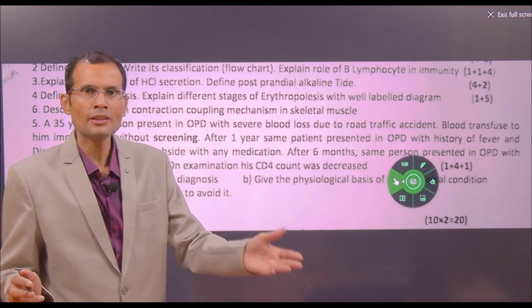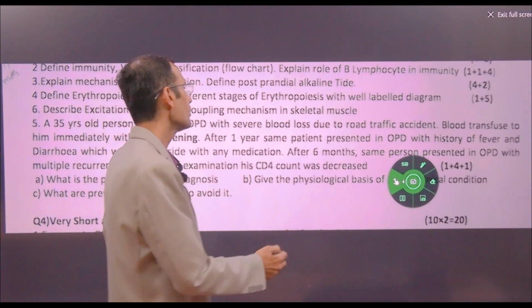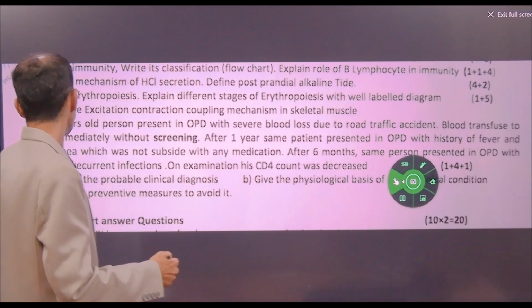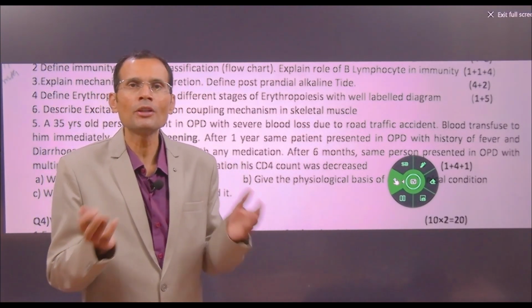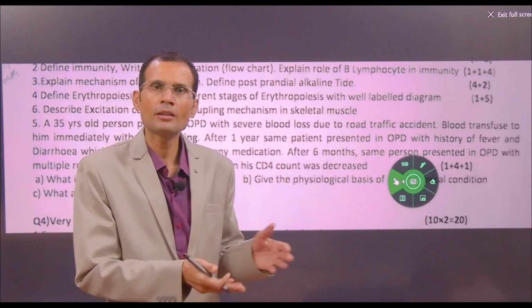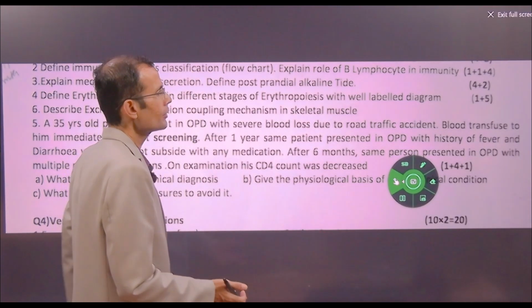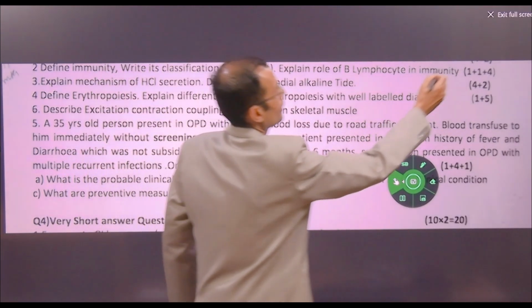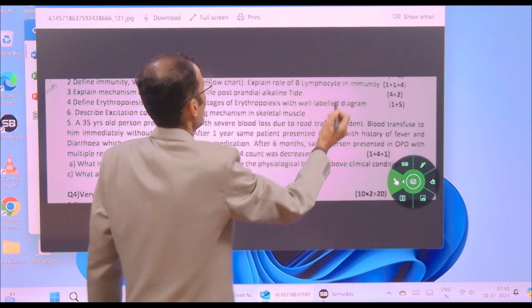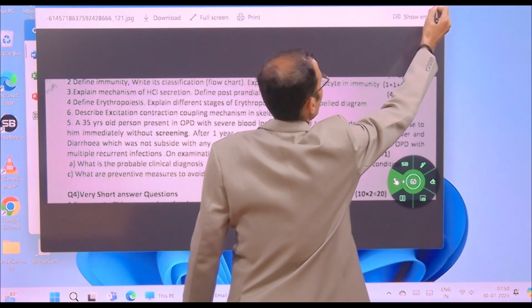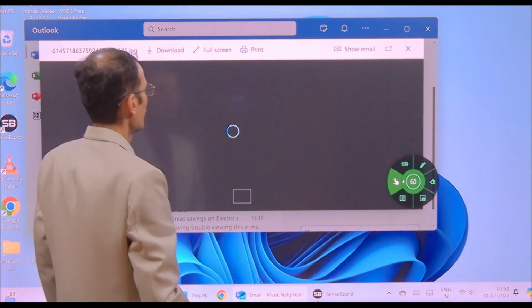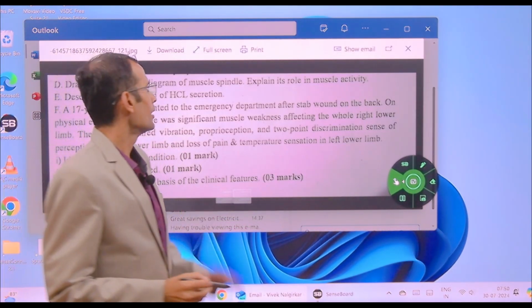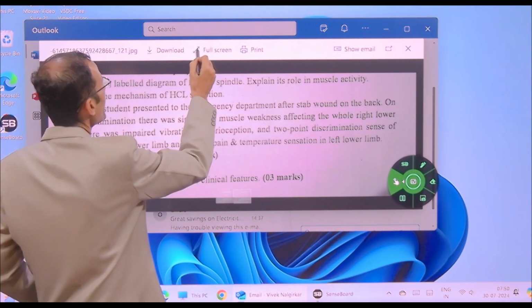It is possibly the HIV infection transmitted via blood. And what are the preventive measures to avoid it? Screening of the donor. That would be the preventive measure. All right. Now going to the next. So it's simple. Just application of mind is required.